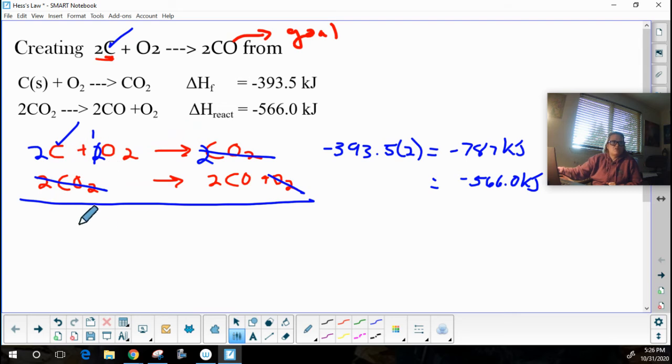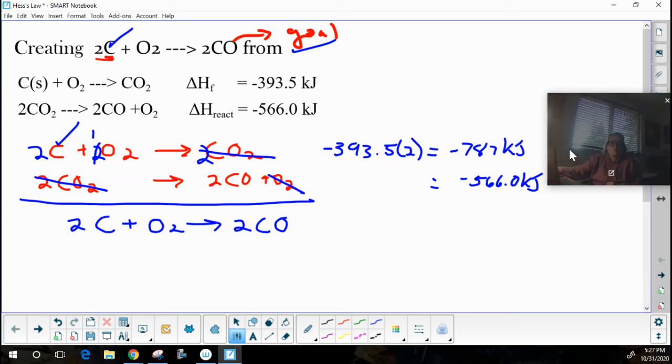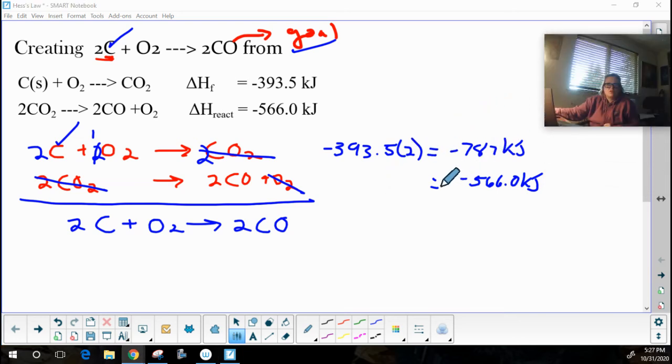And now I'm left with the correct equation. 2 C's plus O2 makes 2 COs. So that's just a double check to make sure I made my goal equation, which I did. And so I figured out the correct configuration of enthalpies of formation and decomposition that we'll add together.